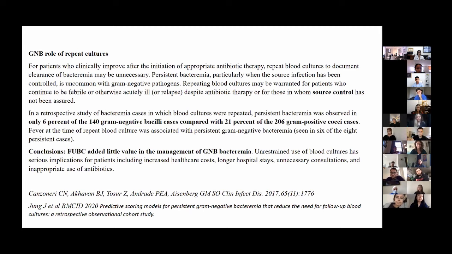If it's peritonitis or another intra-abdominal abscess, it probably needs IR drainage. So usually the failure to respond in gram-negative bacteremia is almost always lack of source control. That's true for gram-positives as well, but with the lines. But I think this may give you a little encouragement not to repeat. Okay, and next.